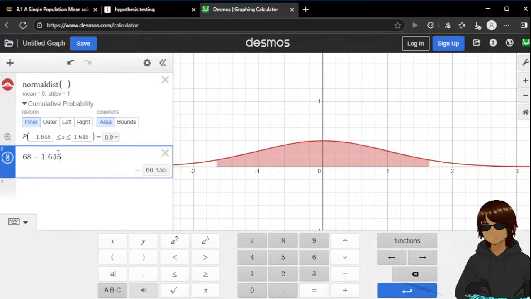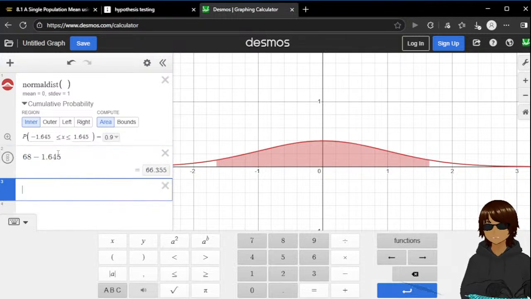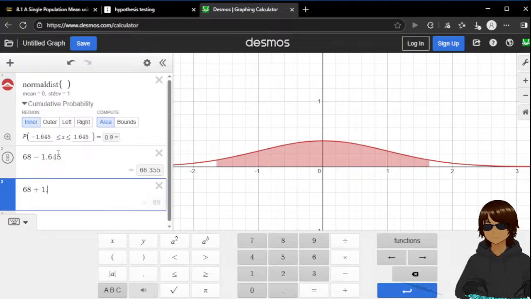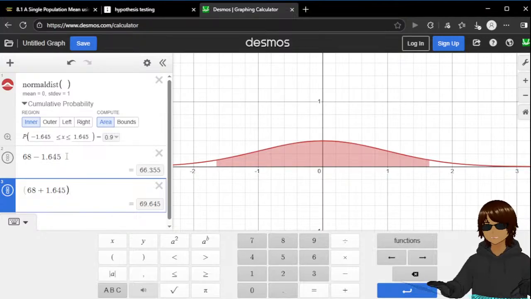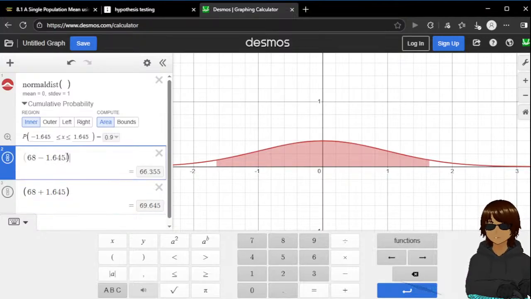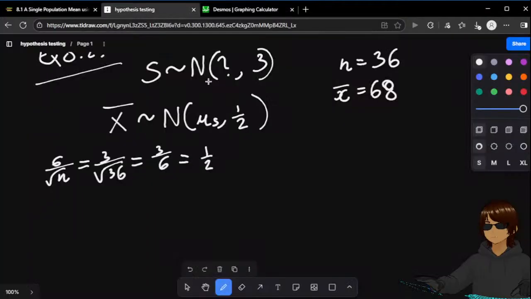Minus 1.645, 68 plus 1.645. I take both of these. And then what about the standard deviation of this distribution, which is half? Do I divide it by half?